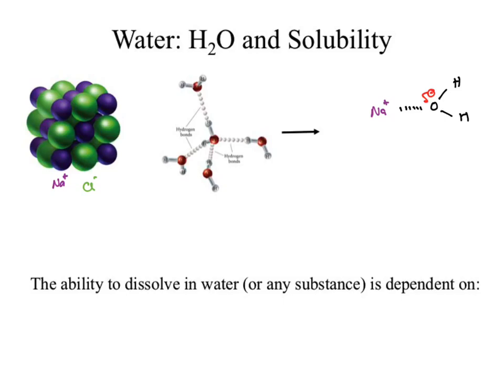What makes it dissolve is that interaction, while strong, I can do a whole bunch of them. I can do them all the way around that sodium ion. That's why we dissolve it. It's the breaking of all of those forces. You may hear reference to the solvent cage. That's exactly what's going on. It's the solvent molecules surrounding an individual solute to keep them dissolved.